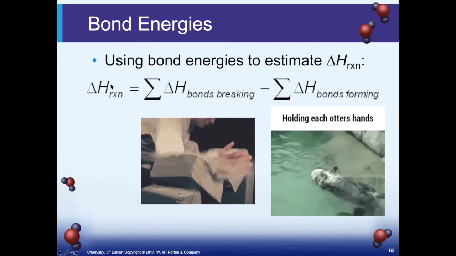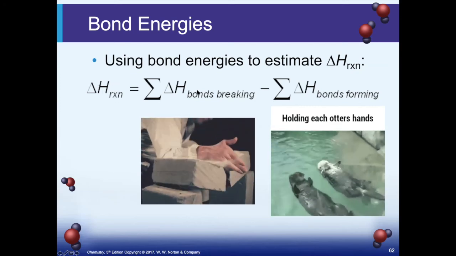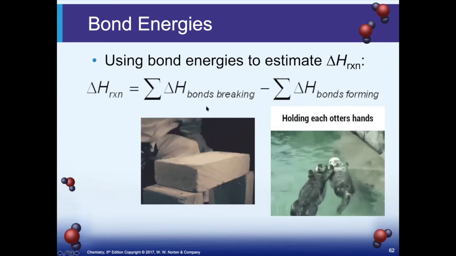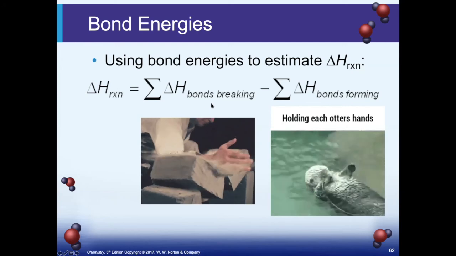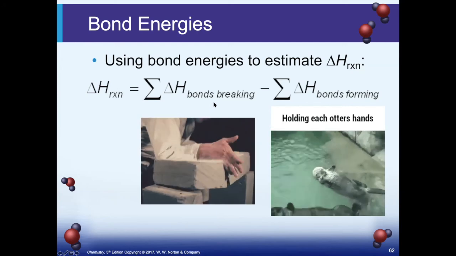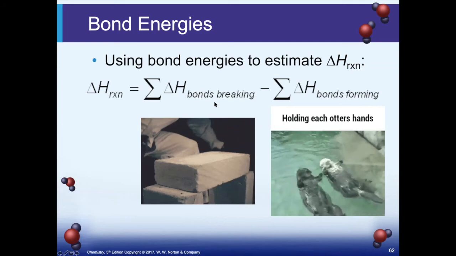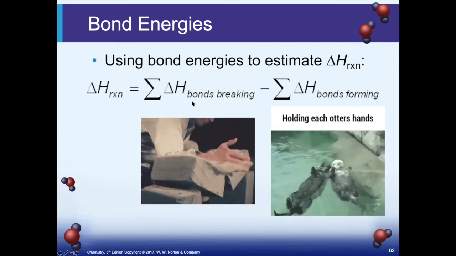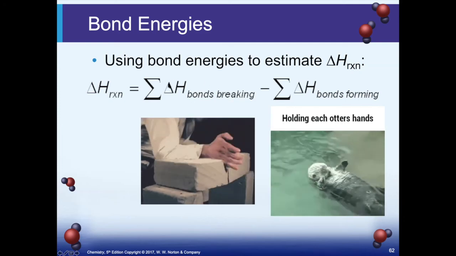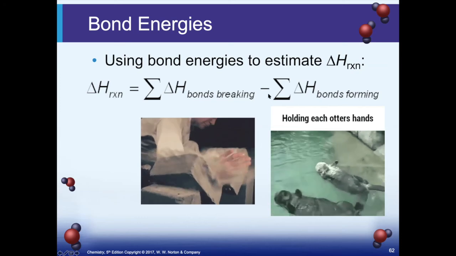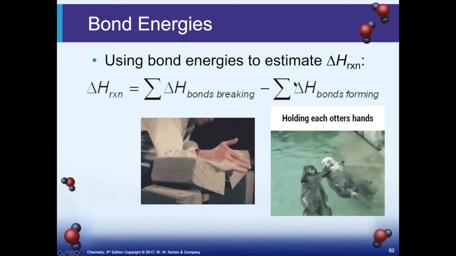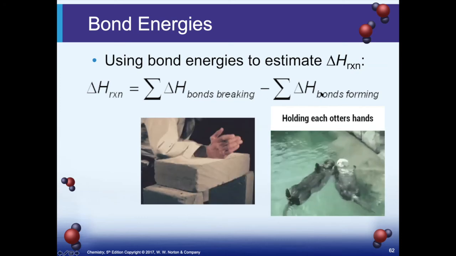You can estimate the enthalpy change of a reaction if you have a table of bond energies and you also have the reaction. You add up all the bond energies for the bonds that you're breaking, and you subtract from that the sum of those bond energies that you're forming.